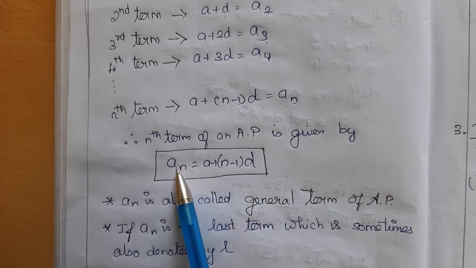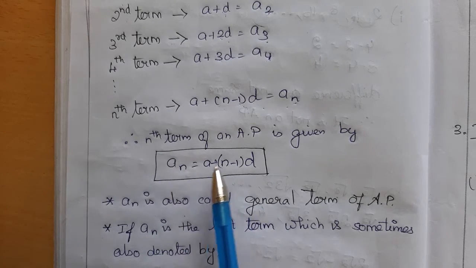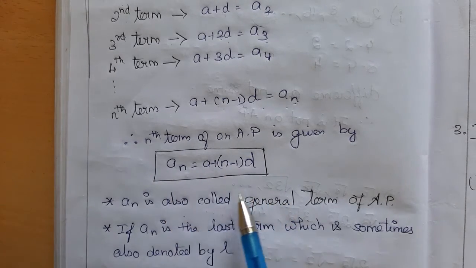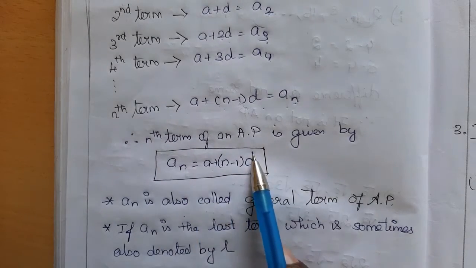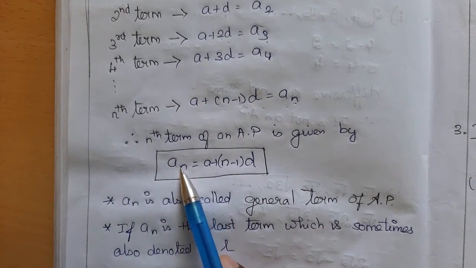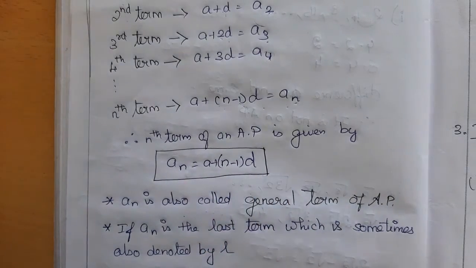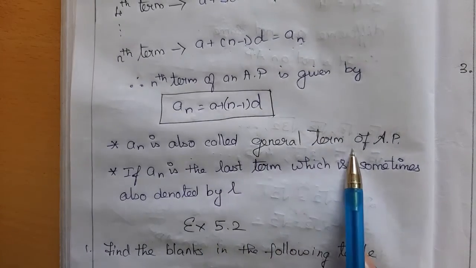Here, a is the first term, n is the number of terms, and d is the common difference. If we have these three details, we can find it. If we have a and d, and we need the 100th term or the 1000th term of that AP, we can just find it using this. So an is also called the general term of an AP.